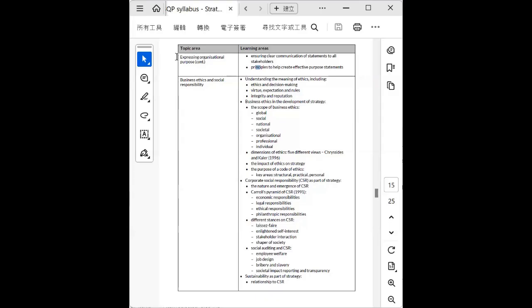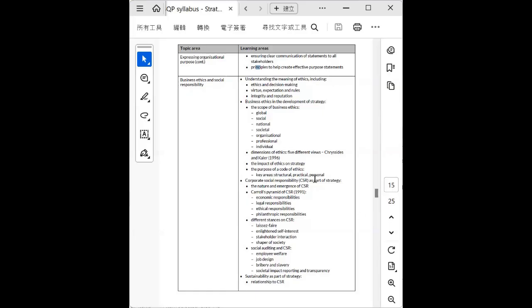So make sure that the decision making is ethical. It shapes the organization's integrity and reputation. So make sure that you align with the societal expectations and long-term viability.